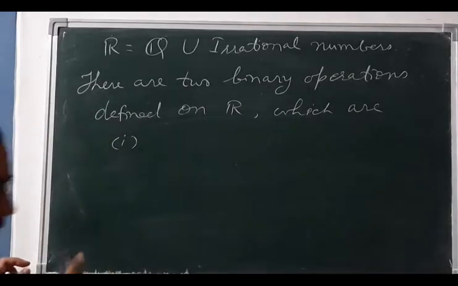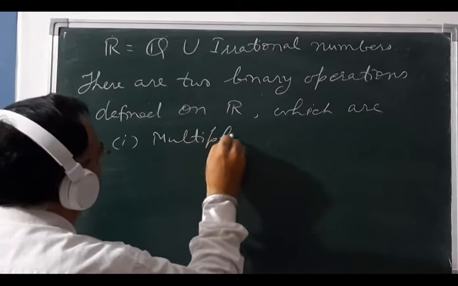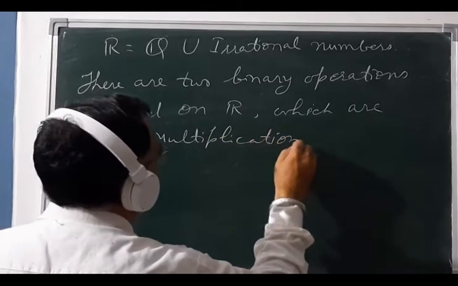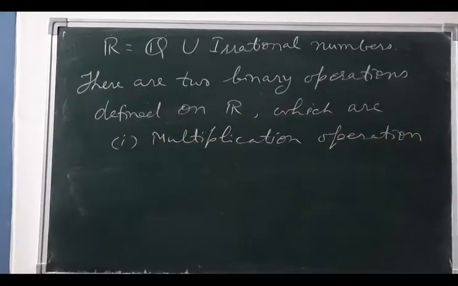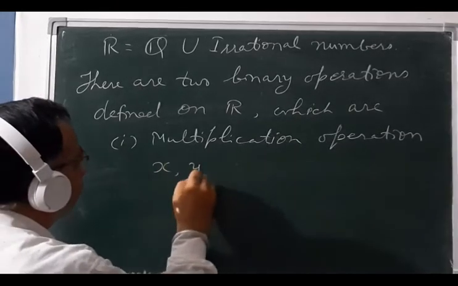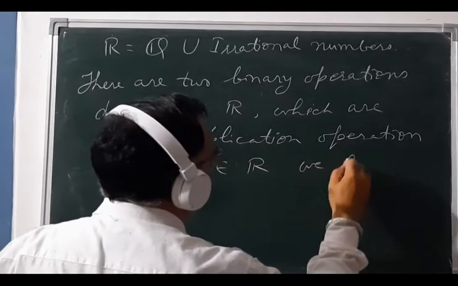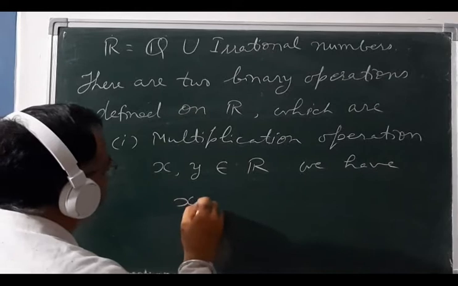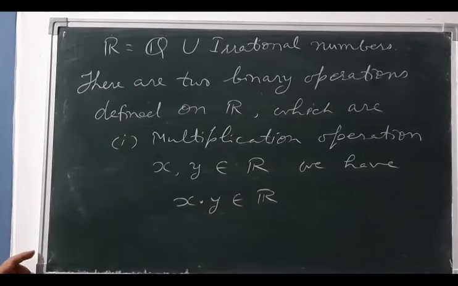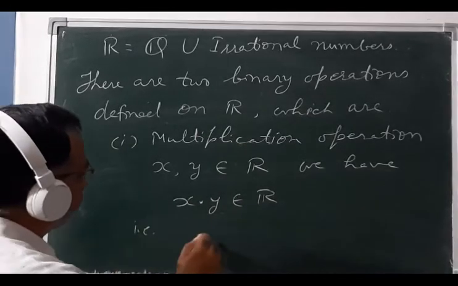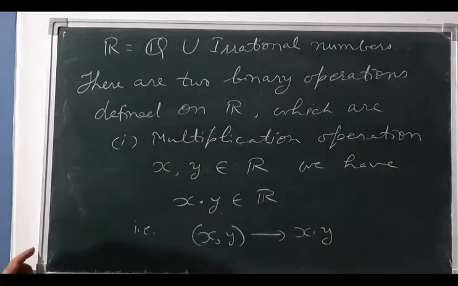the multiplication operation. For any two numbers x, y belonging to the set of reals, we have the product x into y, which also lies in R. So this operation (x, y) goes to x into y is called the product operation.